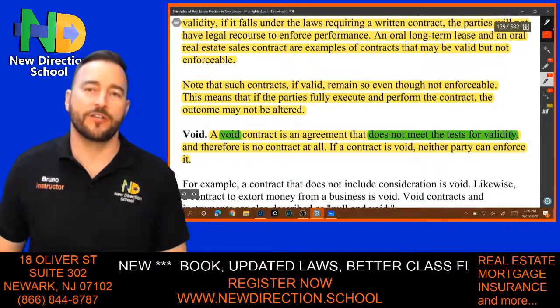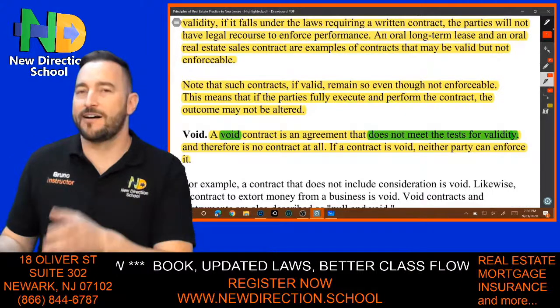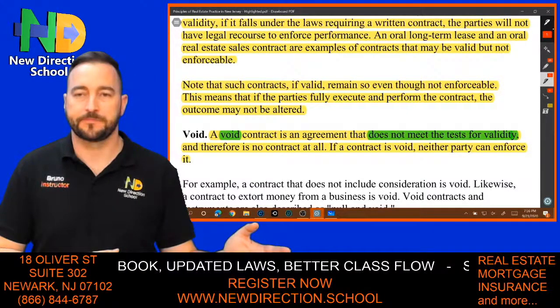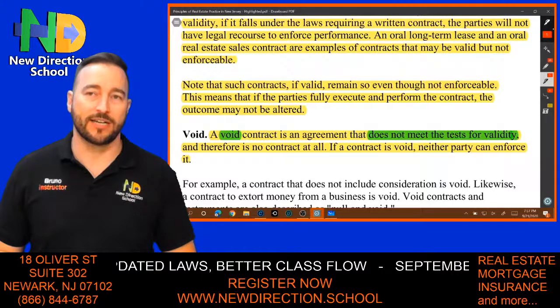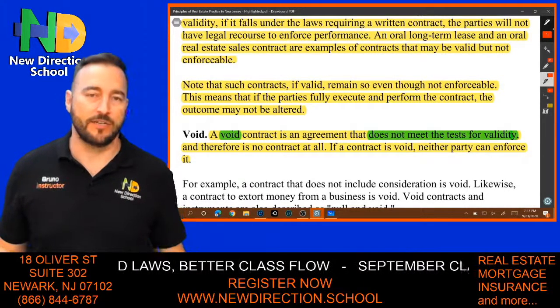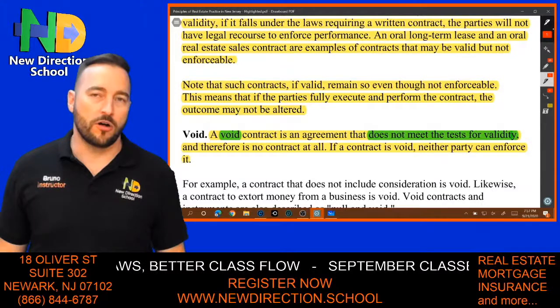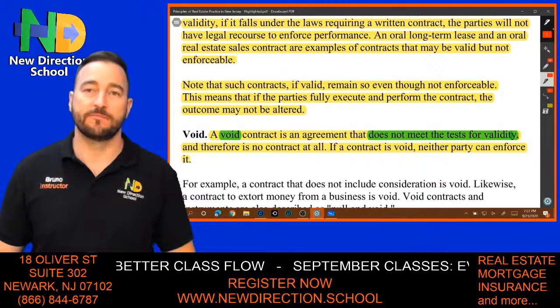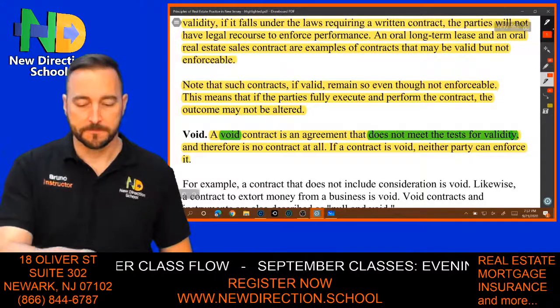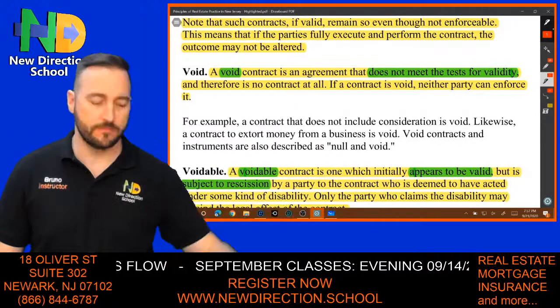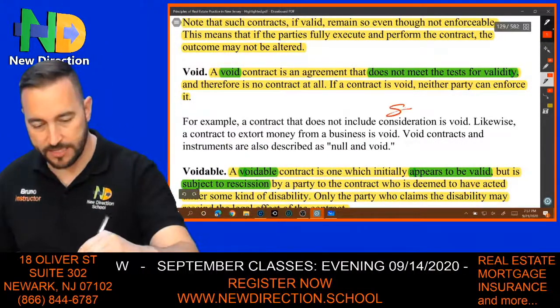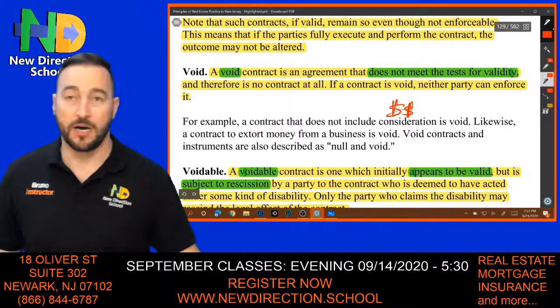Now, a void contract. If a valid contract contains all the elements to be valid, then a void contract does not meet the tests of validity. It doesn't contain all the elements. Okay, so there's something missing. For instance, a contract that does not include consideration, and you guys should know consideration by now, money or exchange of value.